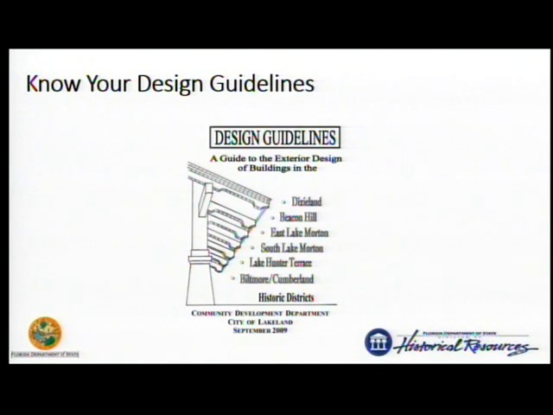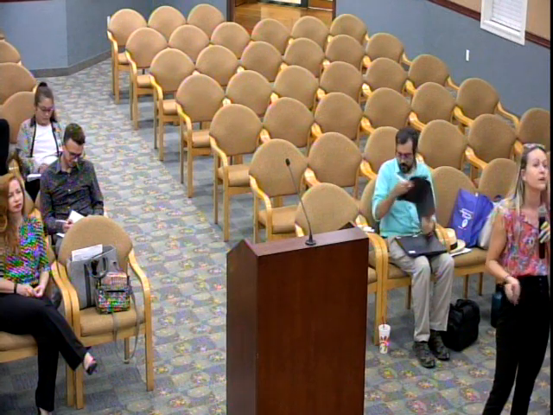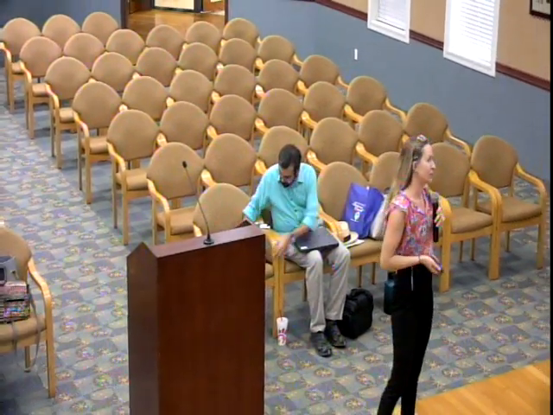These outline changes to buildings which are acceptable or maybe not so acceptable, changes that are in character, changes that aren't in character, right? These are what we are going to hold our proposals for alterations to as our design guidelines. So it's really important to know what are the criteria that we're looking for. A lot of these are listed already in your local ordinance, the criteria for issuing COAs.